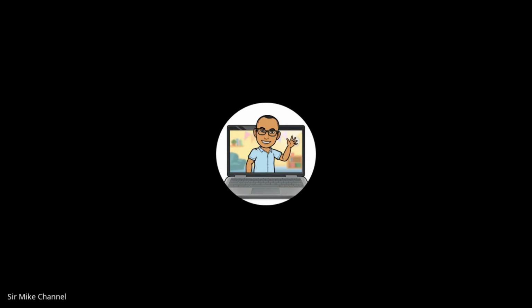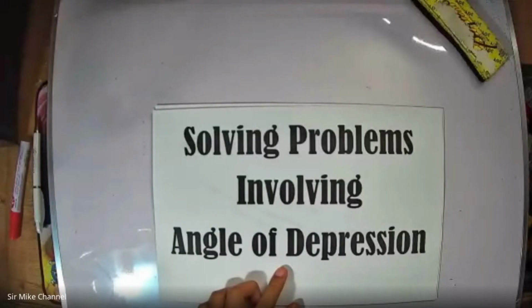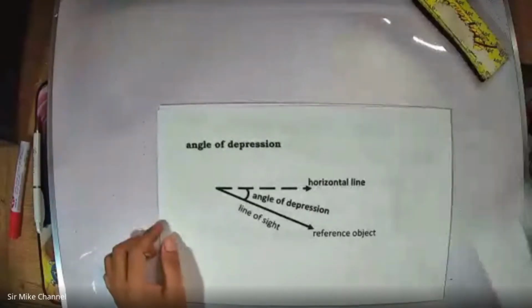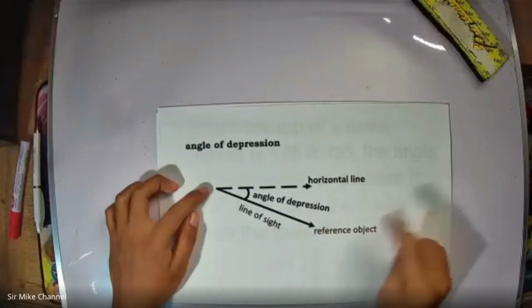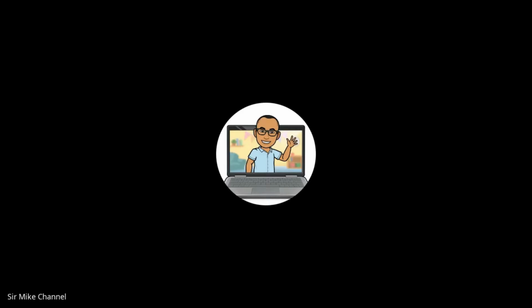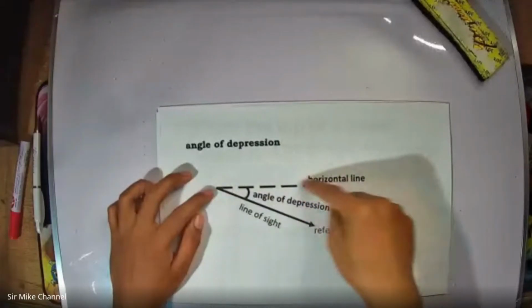So when we say angle of depression, means that observer, ito yung observer natin, at the object below. So ito yung object below natin. It could be a human or any reference object natin. So studied object is located below to the reference object. So it is like when you see an object below you, it is an angle formed between the horizontal line and the line of sight towards the object below.